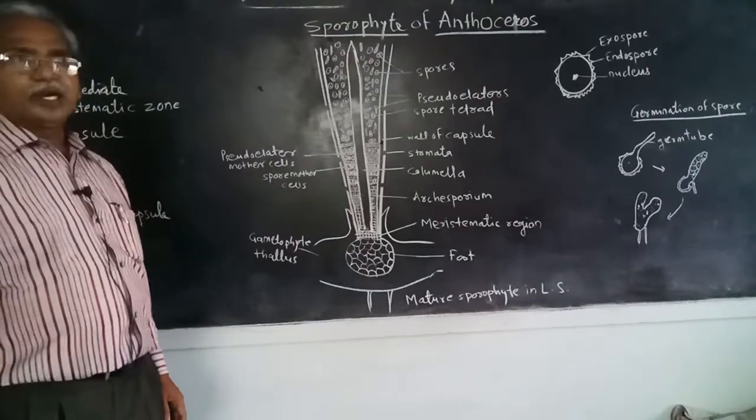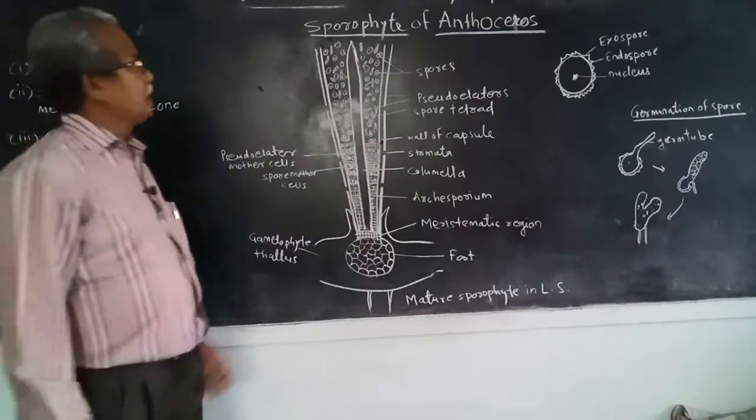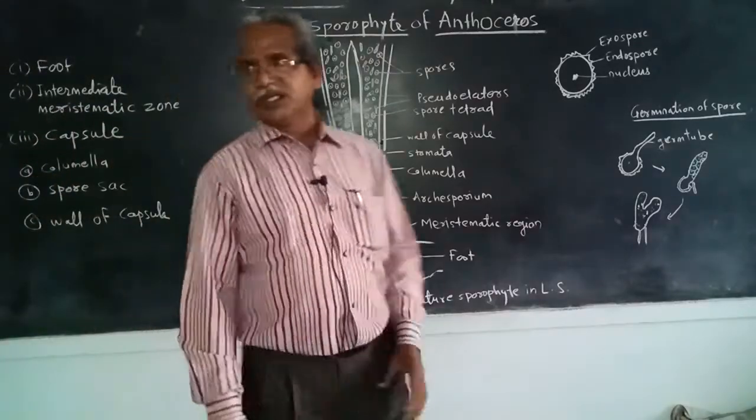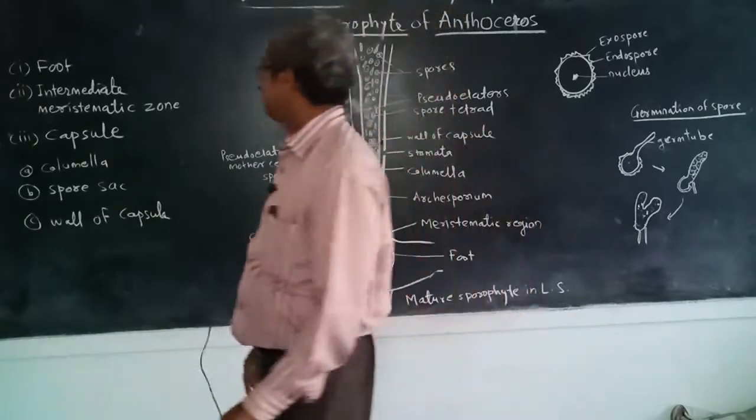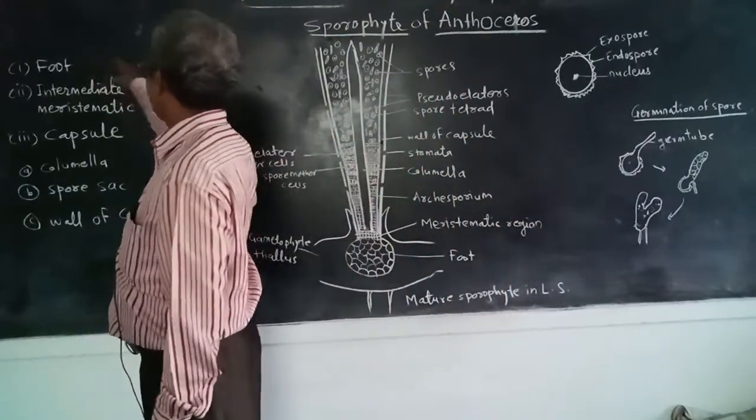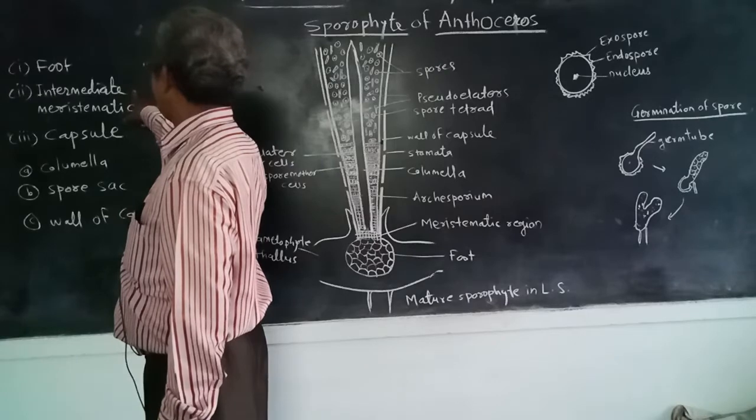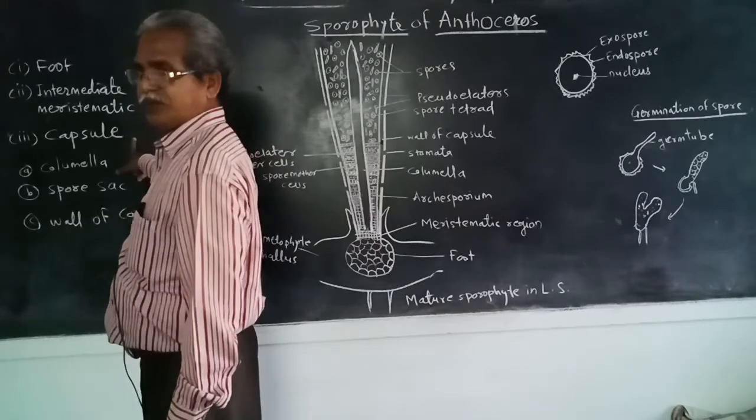The mature sporophyte in Anthoceros consists of three parts: foot, intermediate meristematic zone, and capsule.